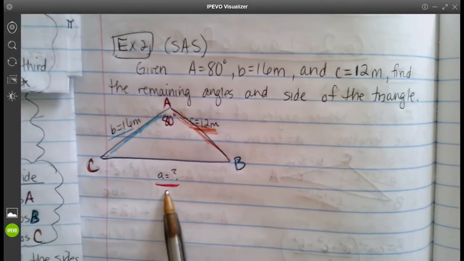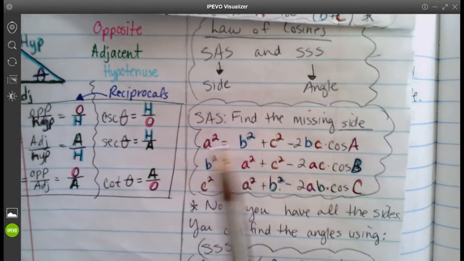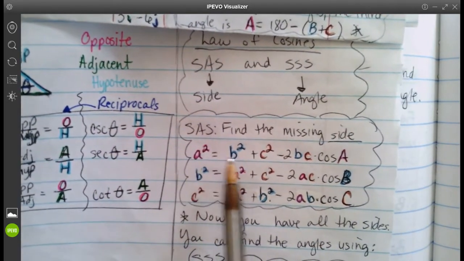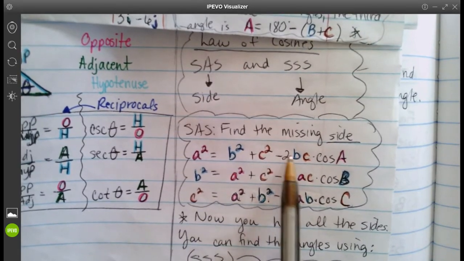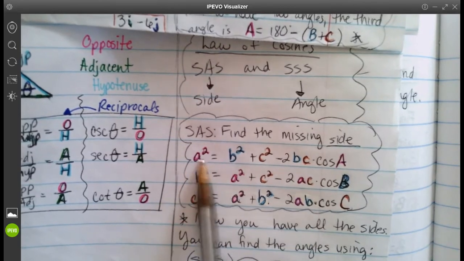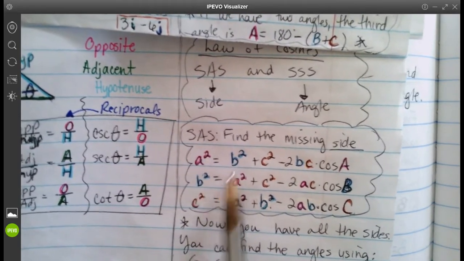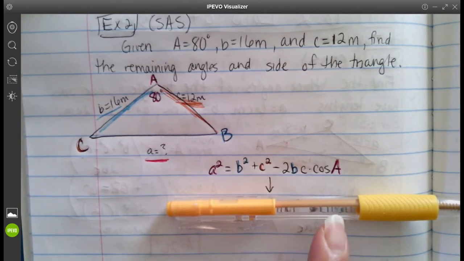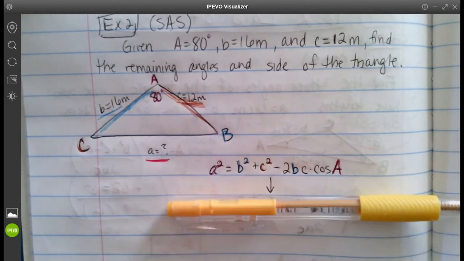We don't have side a, so let's find side a. a squared is equal to b squared plus c squared minus 2 times bc times cosine of the angle A. Once we find that, we just take the square root to get our a. So let's write that out. Here I have my formula, and I color coded it in conjunction with the triangle that I have here.